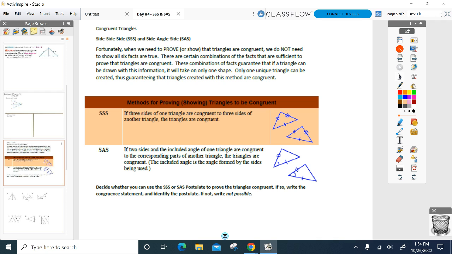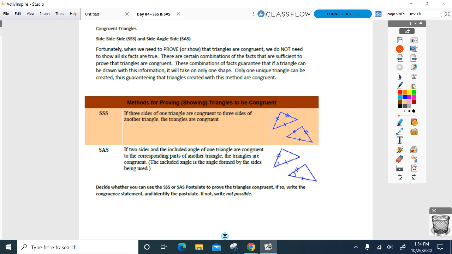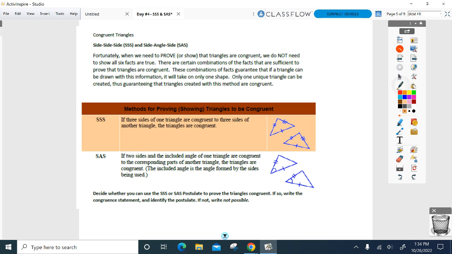Let me introduce the first way to prove two triangles congruent, and that is the SSS method. Short for side, side, side. Side, side, side method.